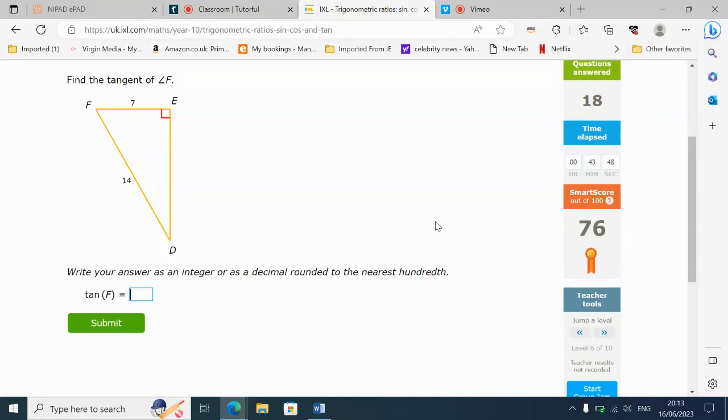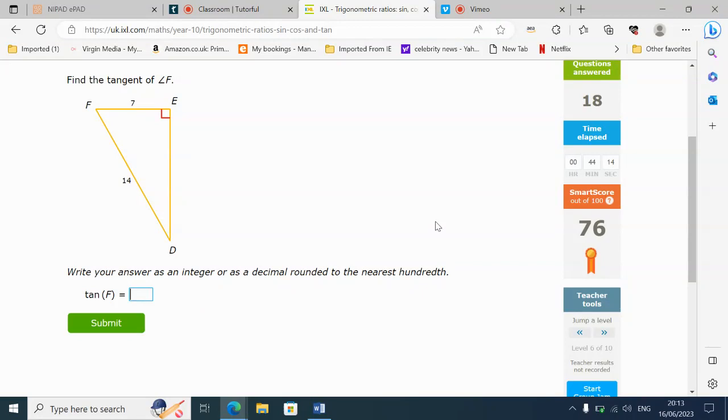Tan is opposite over adjacent, is it? Yes. So if you divide the numbers, what do you get?